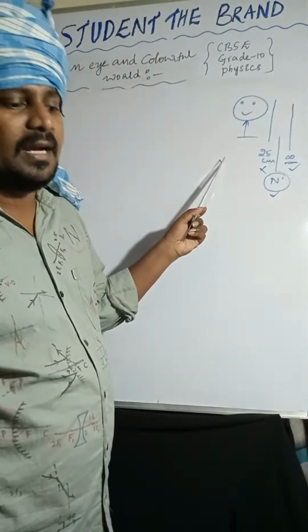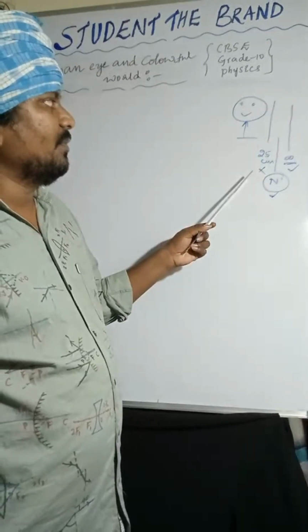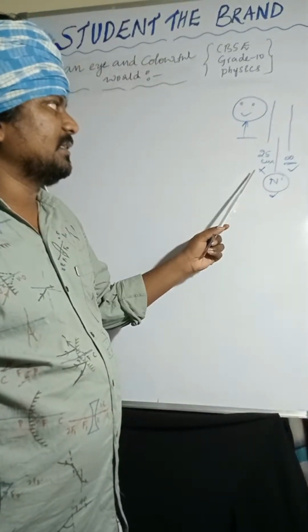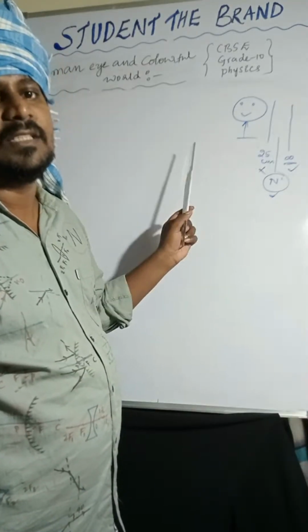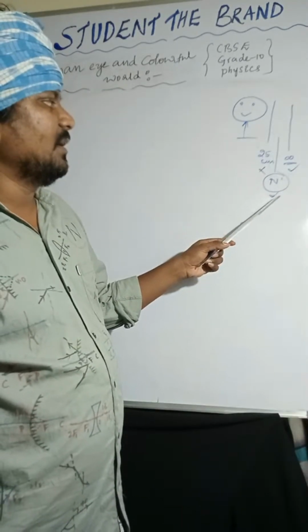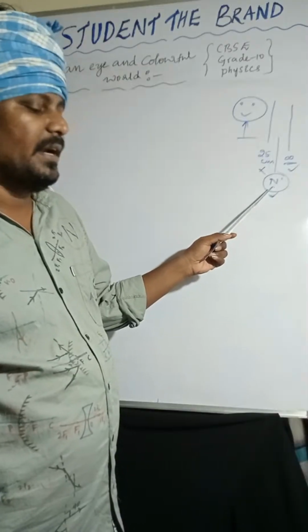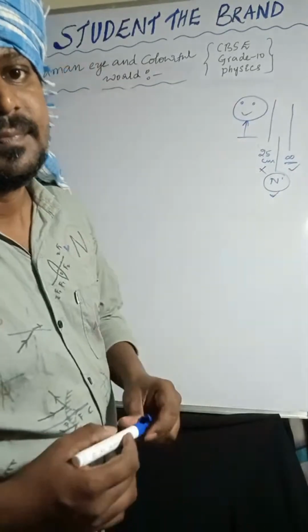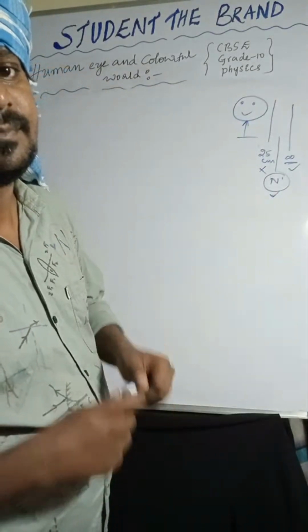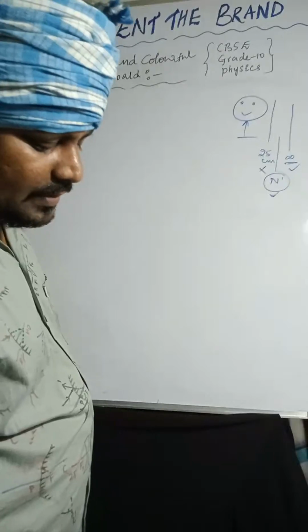Now we will discuss where light rays come from 25 centimeter, and where those light rays will meet. And if the light rays are coming from near point N dash, where will they meet? So we'll start.